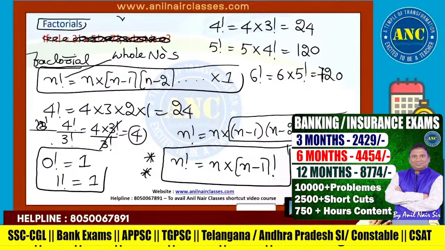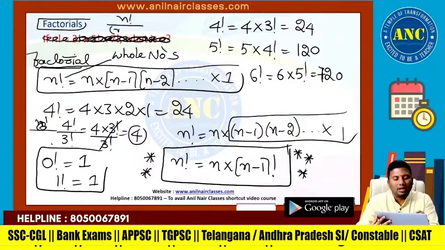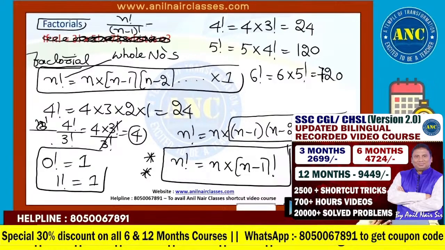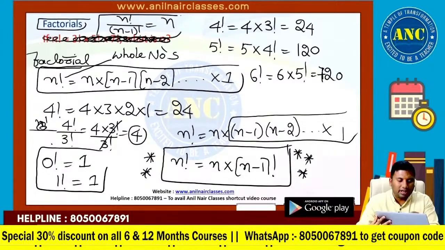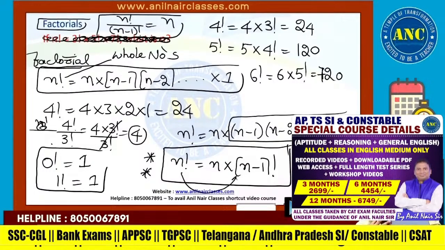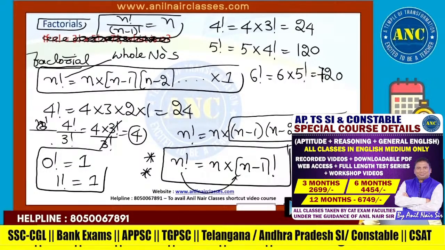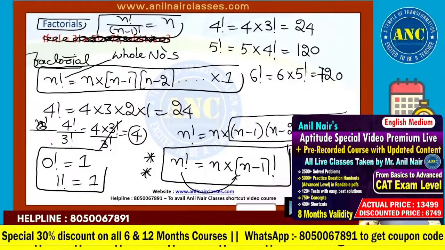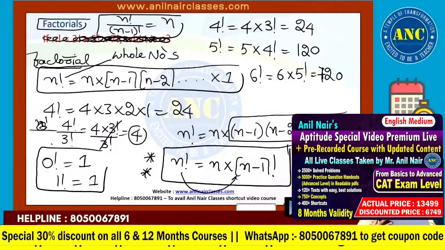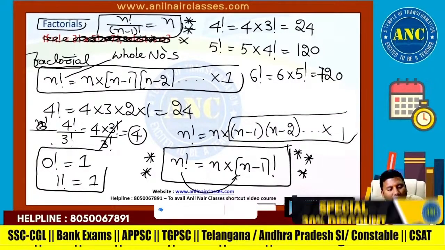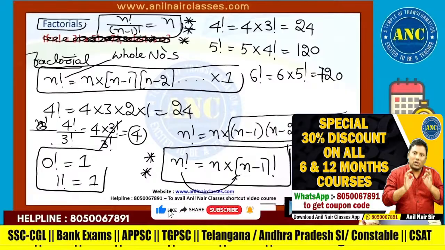That means n factorial by n minus 1 factorial is nothing but n. n factorial by n minus 1 factorial is always n. We are going to use this in a few problems.